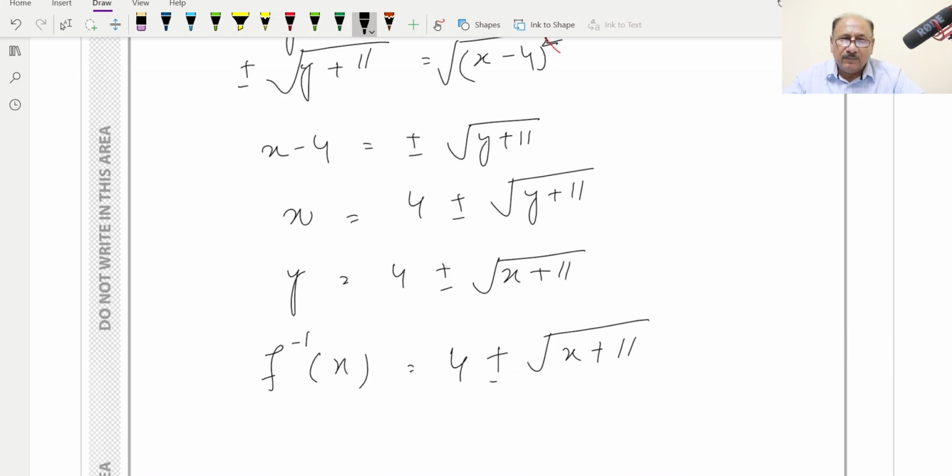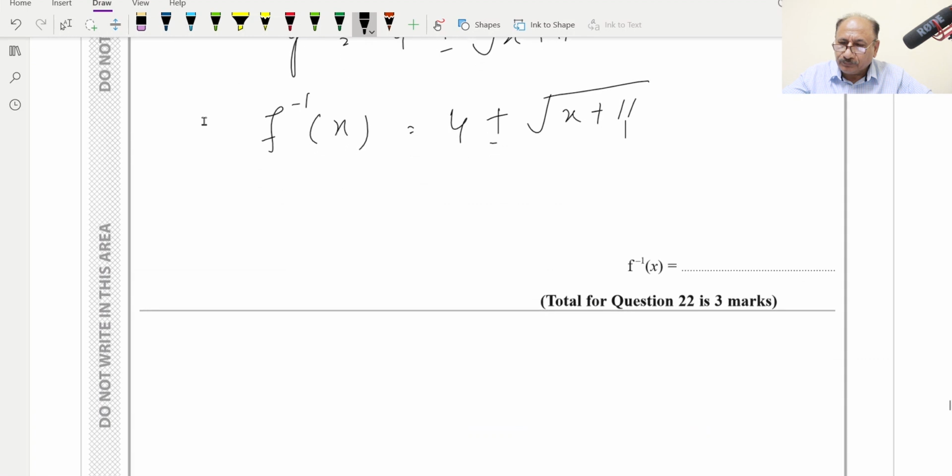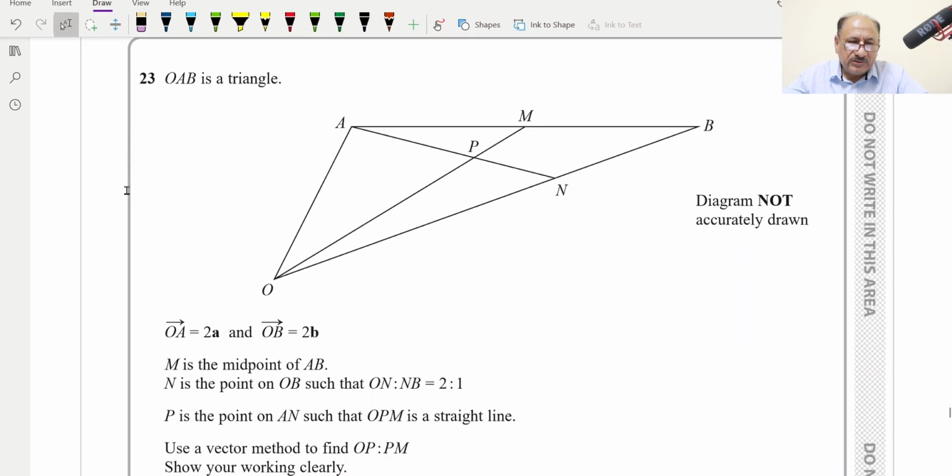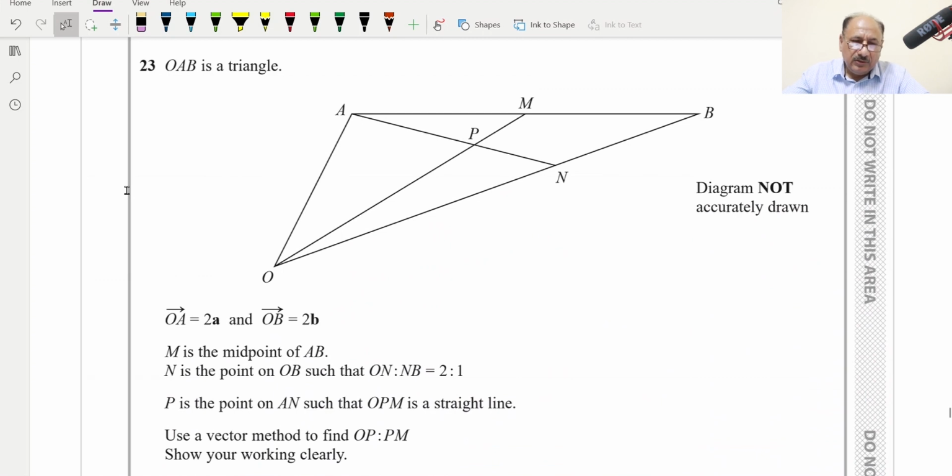This will be our final answer for this question. Now we can provide over here 4 plus minus under root x plus 11. This will be done.